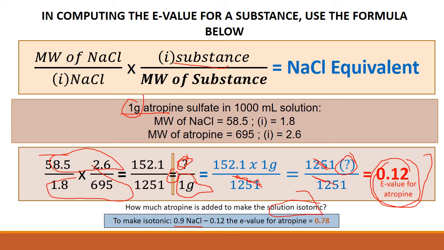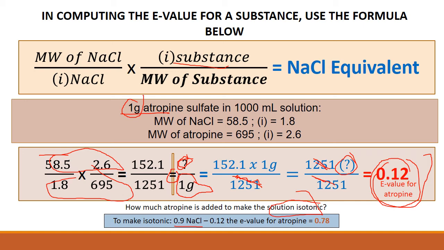So what is left is this one, which is what we are looking for. So cross multiply, since you have an equal sign in the center: 152.1 times 1 gram divided by 1251, and you have here 1251 question mark.